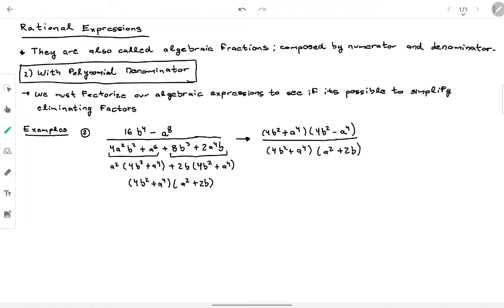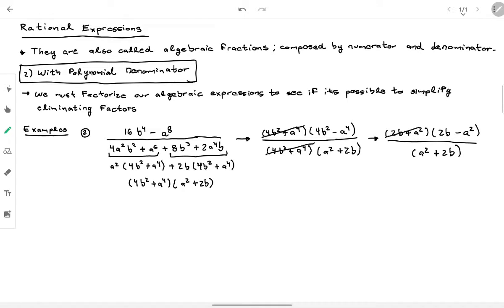Let's see. First, we can check that this one and this one can get simplified. But what happens next? We haven't finished. On the numerator part, this one is again a difference of squares. So we can factorize it, and it's going to be 2b plus a squared that multiplies 2b minus a squared, all of it divided by a squared plus 2b.